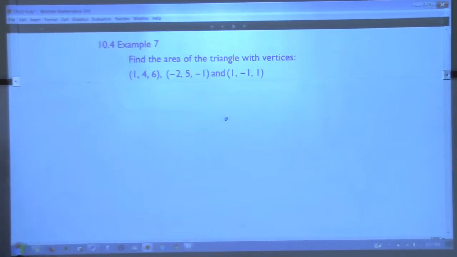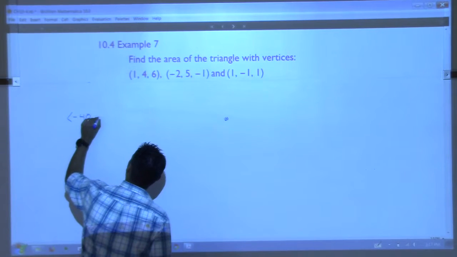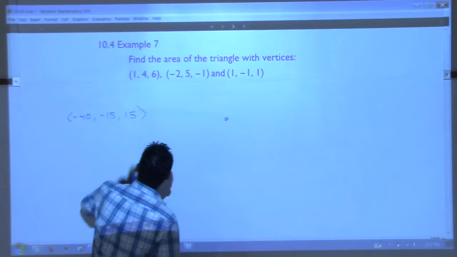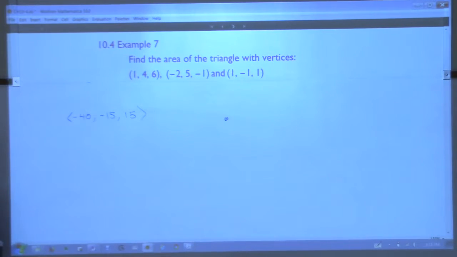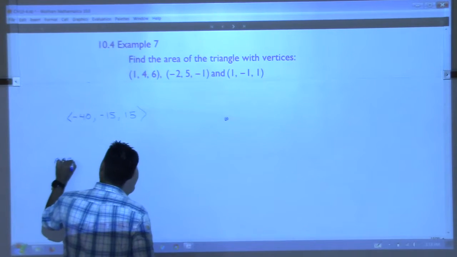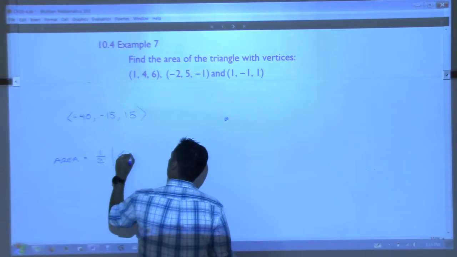I gave the answer like 8, 3, negative 3, but I changed it. What was the original answer? Negative 40, negative 15, 15. Yeah, that was our original cross product. So all we have to do now is take its magnitude, and take half. Don't forget the half part, because it's the triangle, not the whole thing. So the area of this will be half of the magnitude of that.